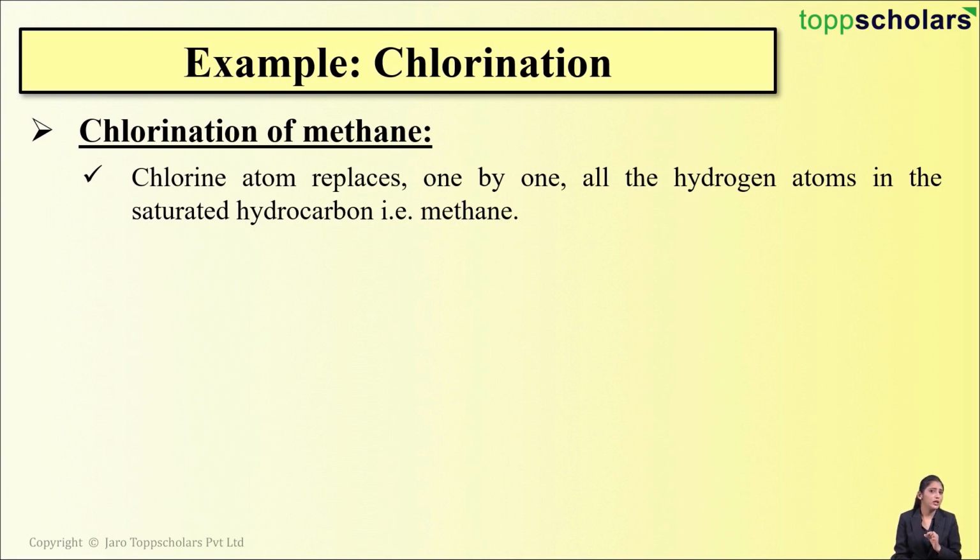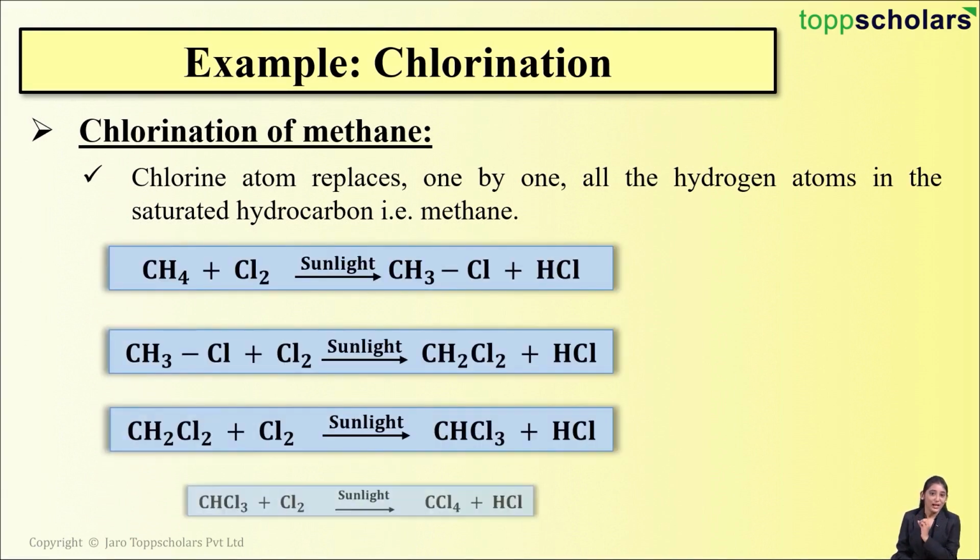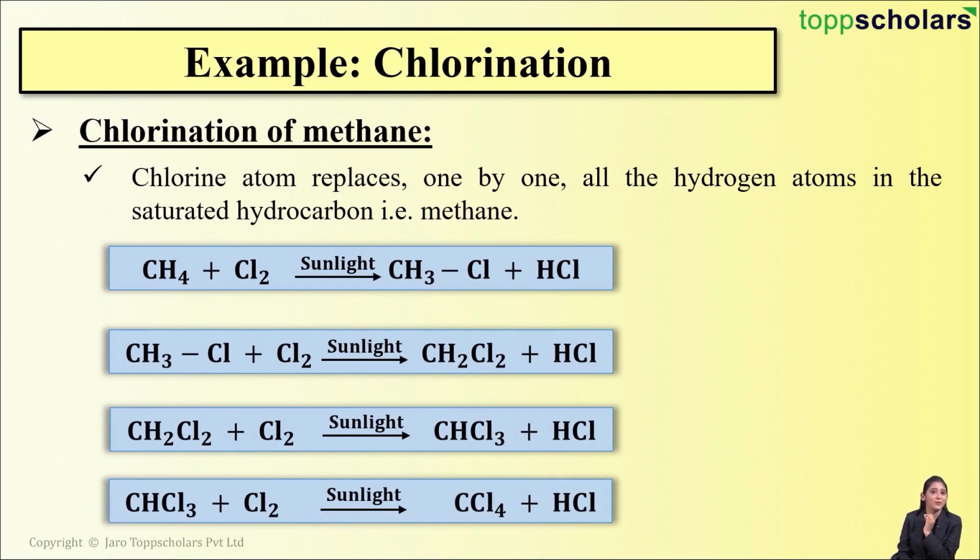Now during chlorination of methane, the 4 hydrogen atoms present in methane are replaced by chlorine atoms one by one. As you can see over here, in the first step, one hydrogen atom of methane is replaced by one chlorine atom, and so we get chloromethane. Now this chloromethane further undergoes halogenation, and one hydrogen atom is again replaced by one chlorine atom, and so we get dichloromethane.